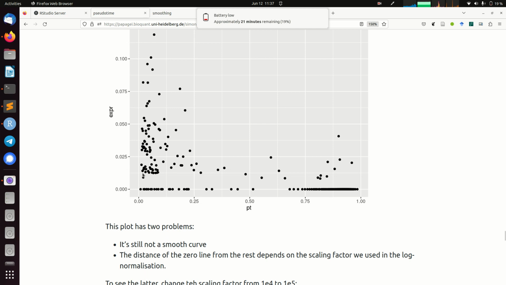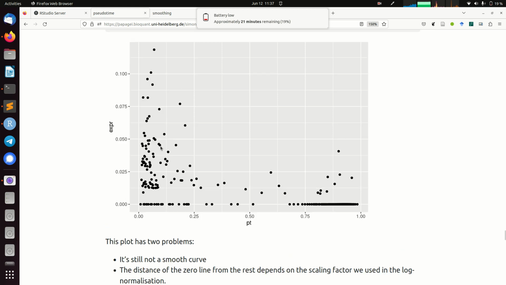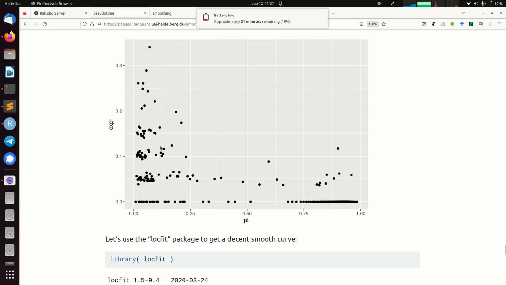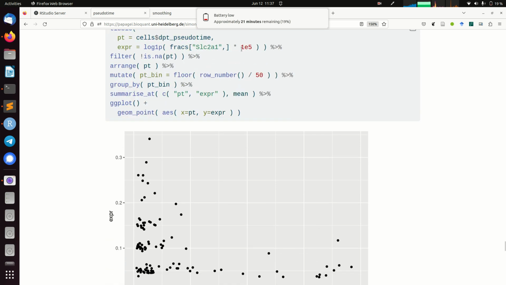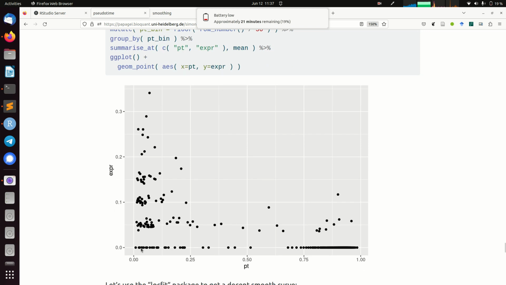Where we said, you see here this distance from the way how this spreads between the zeros in those with 1 or 2 counts depends a lot on how we normalize. And if we normalize with 10 to the 5 instead of 10 to the 4, it all looks a bit different. And this is all a bit unfortunate, and we want to get over that.